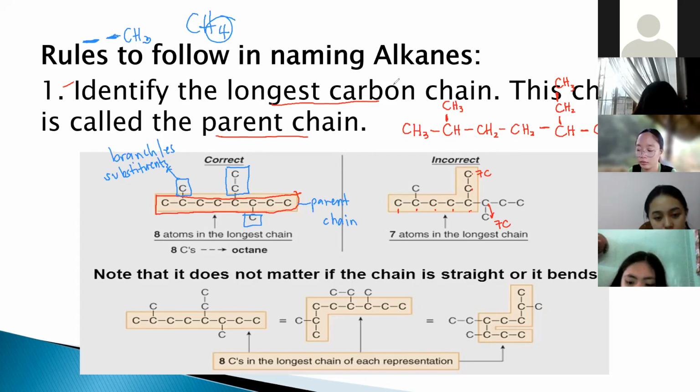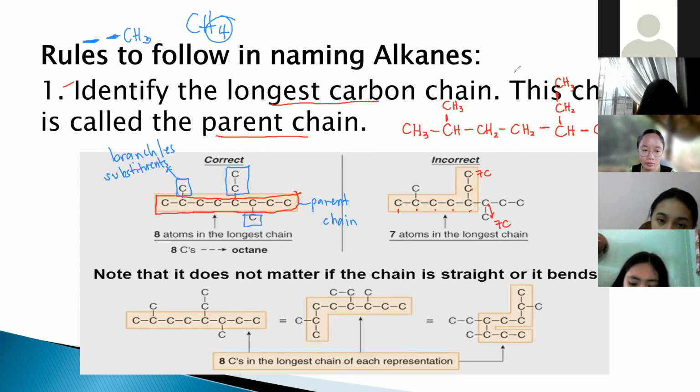So the next step is to identify the substituent. Again, the first step is to identify the longest chain or the parent chain. The second step is to identify the substituent or the substituents pag marami sila. So we have 1, 2, 3. We have 3 substituents here.